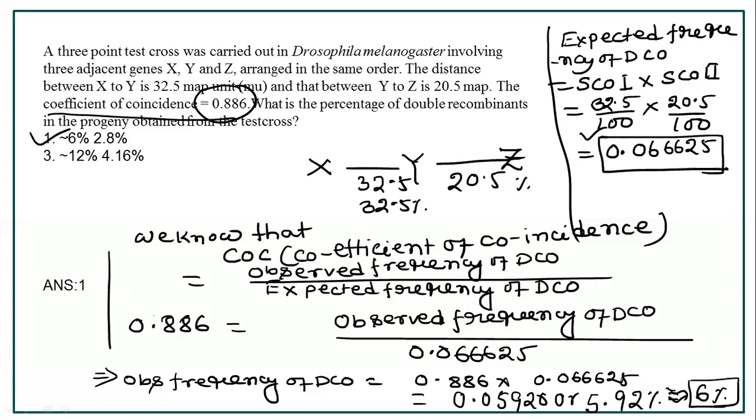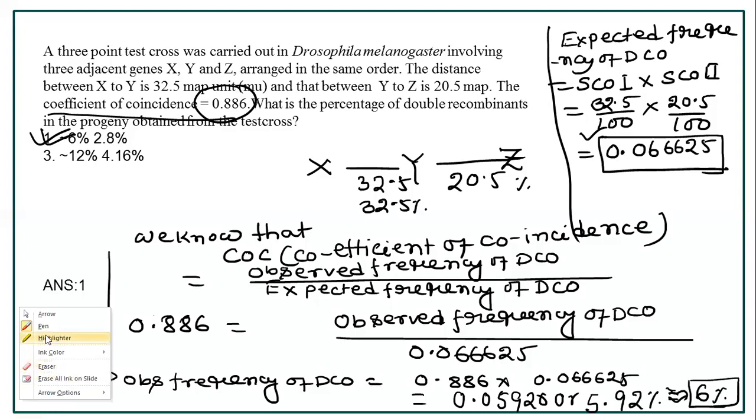So whatever we have done here: first, in a 3-point test cross, map distance is given between three genes, X, Y and Z. X and Y distance is 32.5 map unit, Y and Z is 20.5 map unit. We know the formula COC, or coefficient of coincidence, equal to observed frequency of DCO by expected frequency of DCO. COC is given, 0.886.